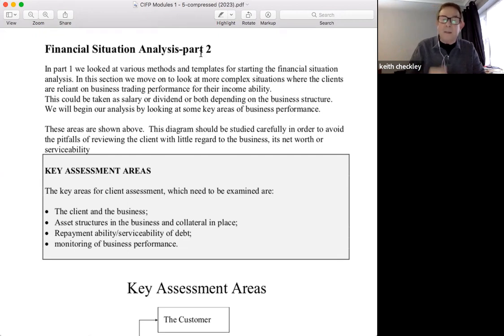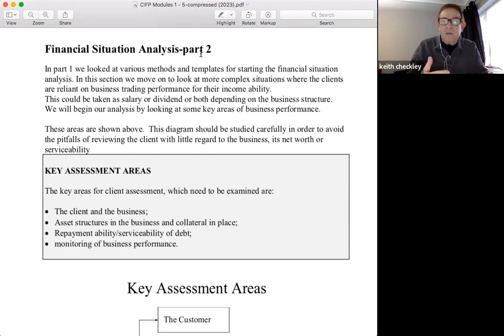So we're going to need to look at the client and the type of business they're in. What's the structure of the assets in the business, which can vary considerably? A trading style of business will be carrying quite a large amount of stock or inventory. And on the opposite side, you could have some type of consulting business where there's very, very little in the balance sheet, but most of the information we're going to be getting will be from the income statement.